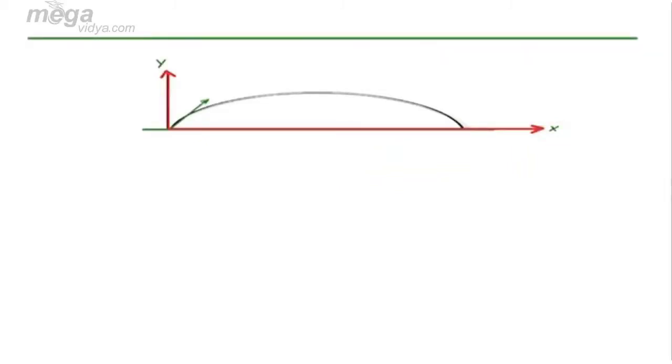Say, this is a projectile which has been thrown with certain velocity u at angle of projection theta.